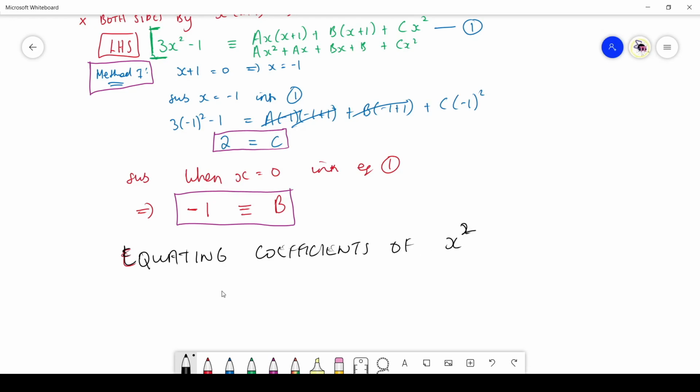On the left-hand side, you're going to get 3 being equal to on the right-hand side. So we have this 3 here. It's equal to, let's see, we have a, that's a coefficient of x squared on the right. What else do we have? We have c. C is also a coefficient of x squared on the right-hand side. So you're going to get 3 is equal to a plus c.